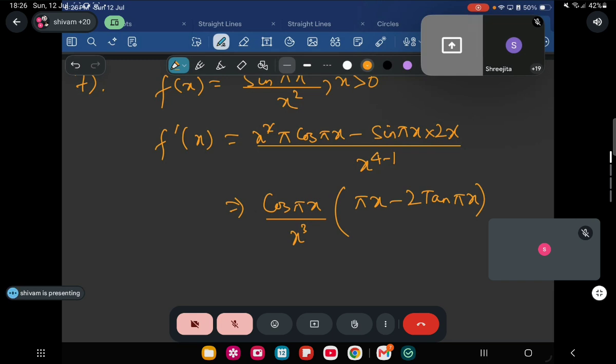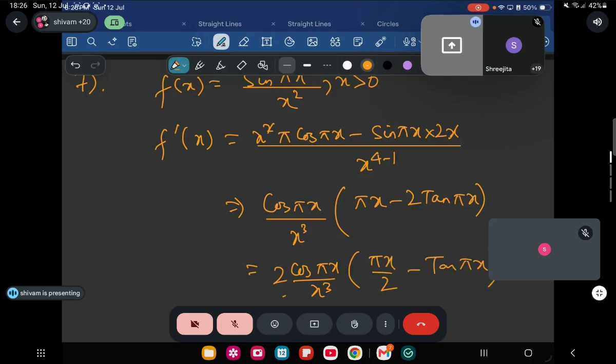Infinitely many points, so you'll get infinitely many extrema. And 2 tan pi x will be equal to pi x at infinitely many points. Basically, if you take 2 common, you are getting cos pi x by x cube into 2 times pi x by 2 minus tan pi x.